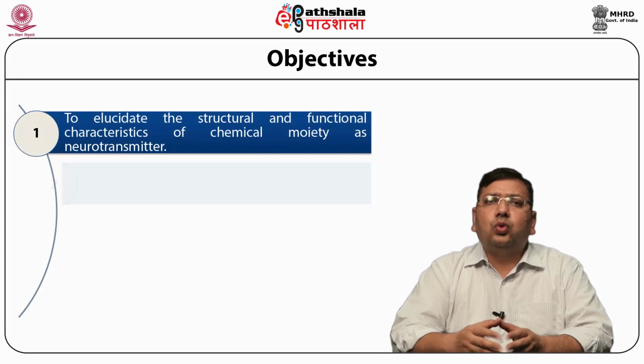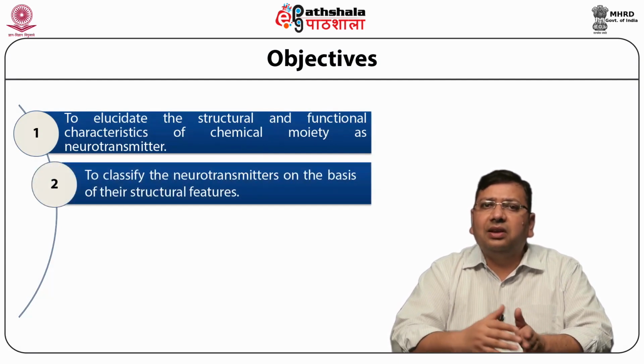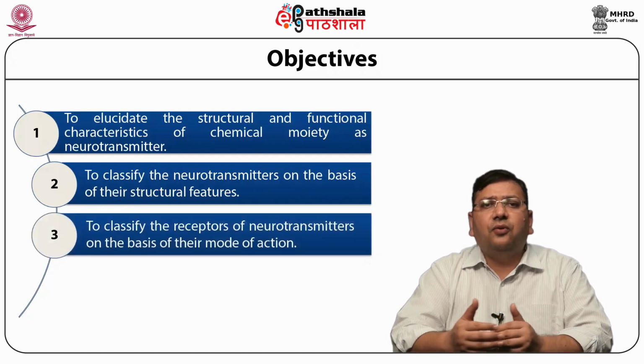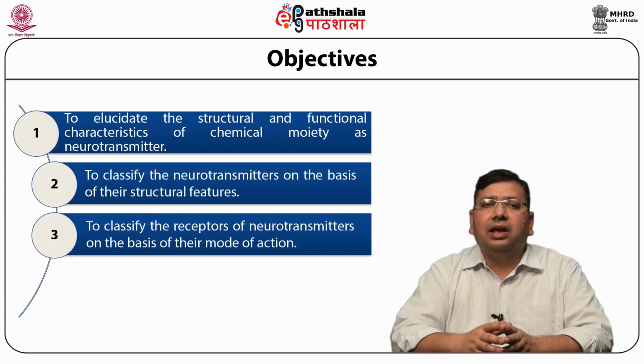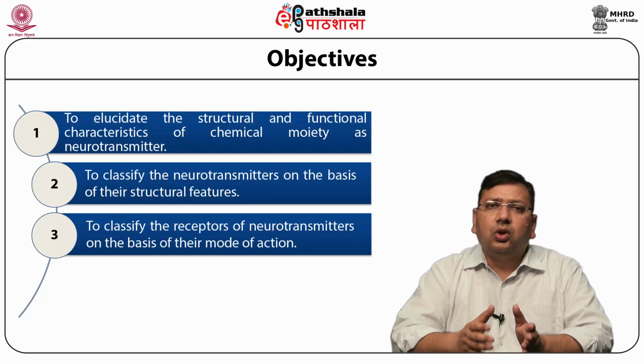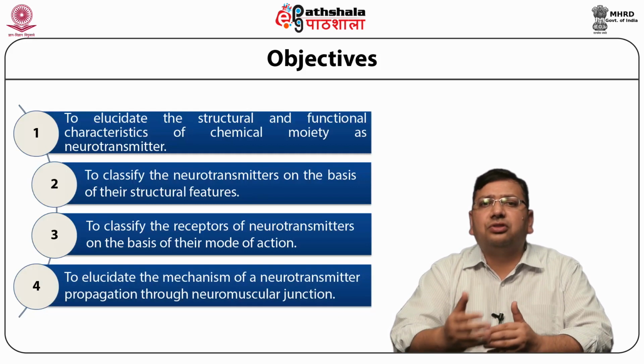Number 2. To classify the neurotransmitters on the basis of their structural features. Number 3. To classify the receptors of neurotransmitters on the basis of their mode of action. And lastly, number 4. To elucidate the mechanism of neurotransmitter propagation through neuromuscular junctions.